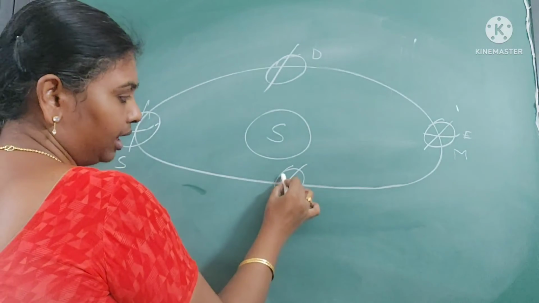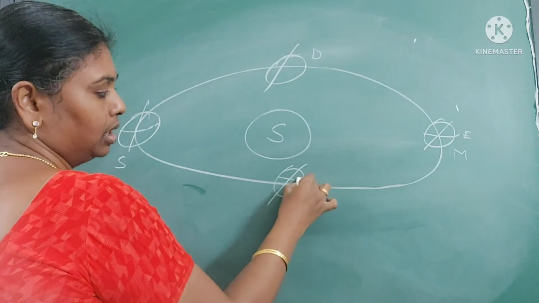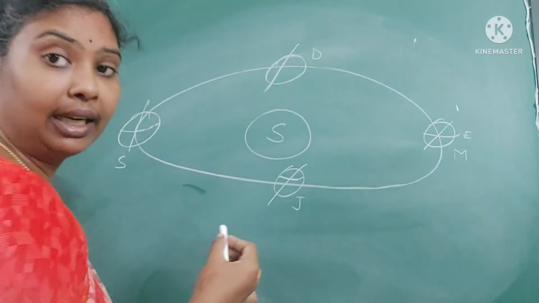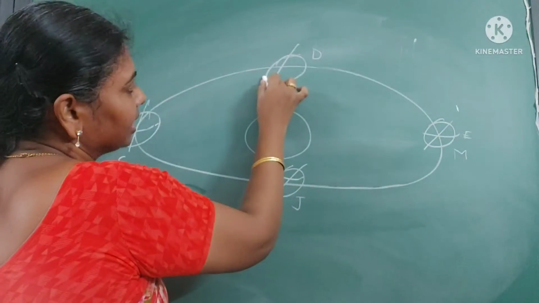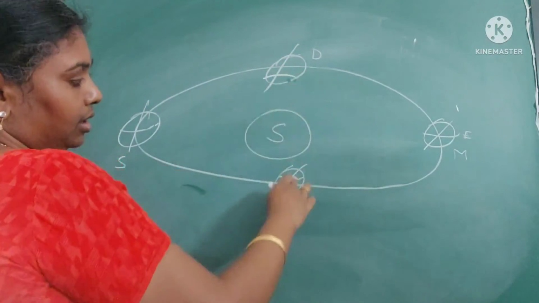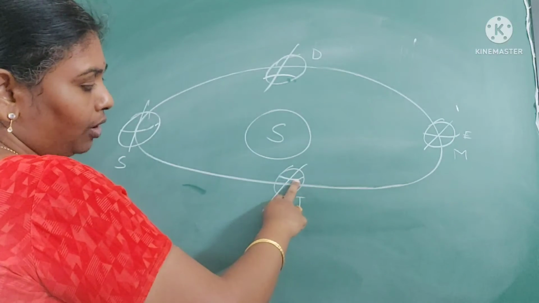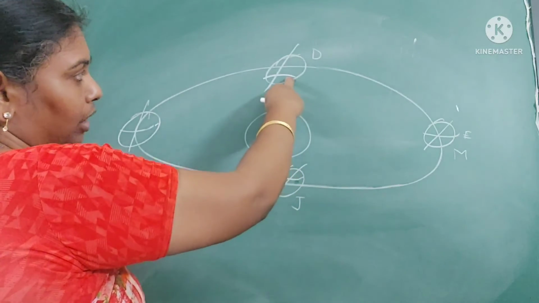Here the sun rays fall directly over the Tropic of Capricorn. Here the sun rays fall directly over the Tropic of Cancer, and here over the Tropic of Capricorn.